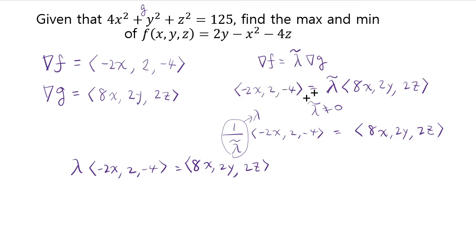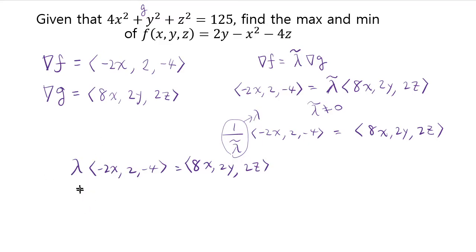Then you can definitely put the lambda on this side. And actually that's preferred. If you see any constant on one side, just multiply lambda on that side. That's like the shortcut.